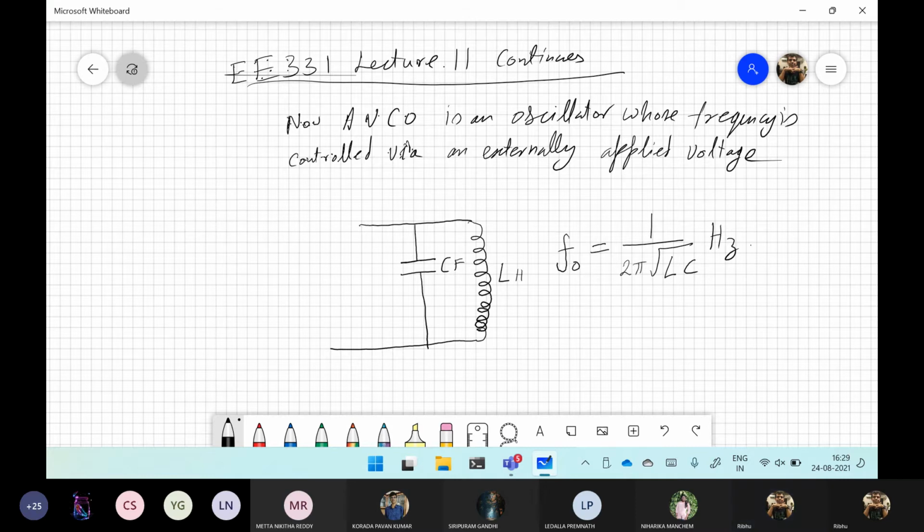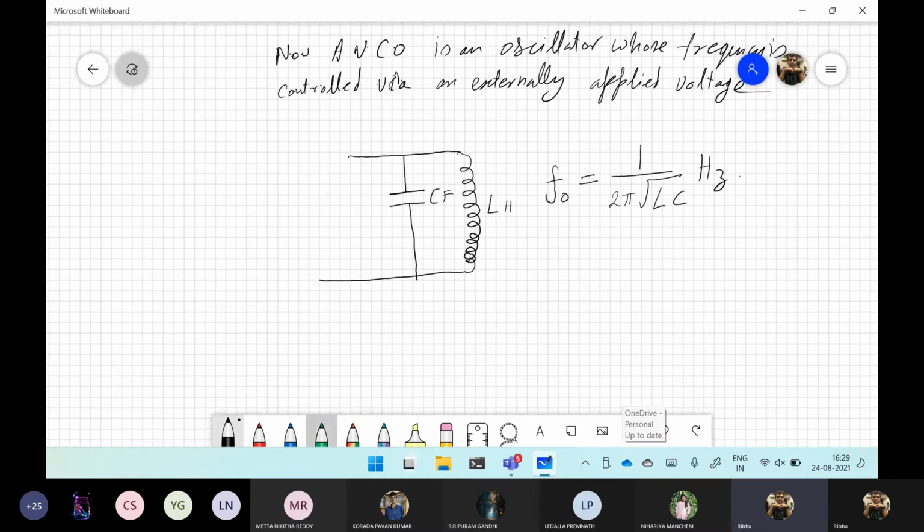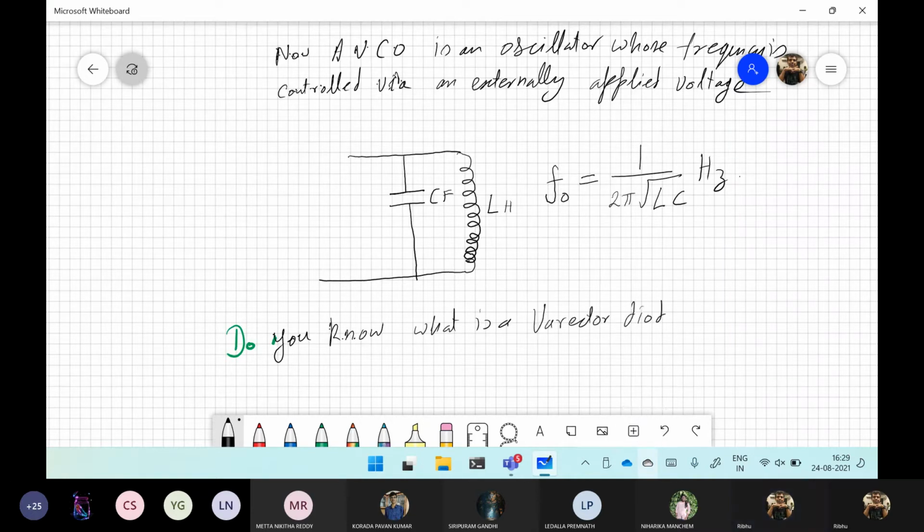Now, do you know what is a varactor diode or a varicap diode?